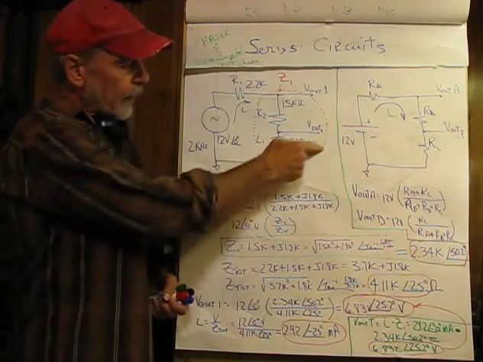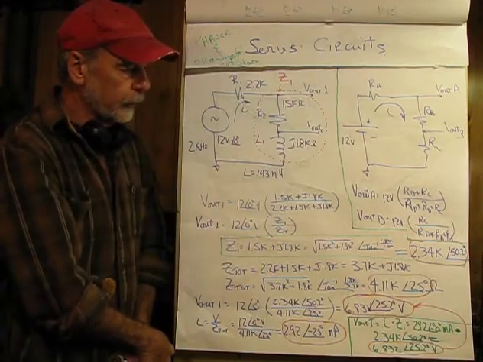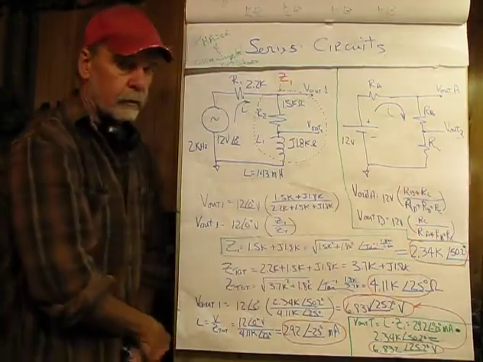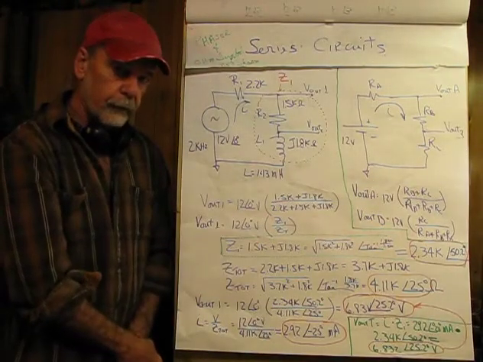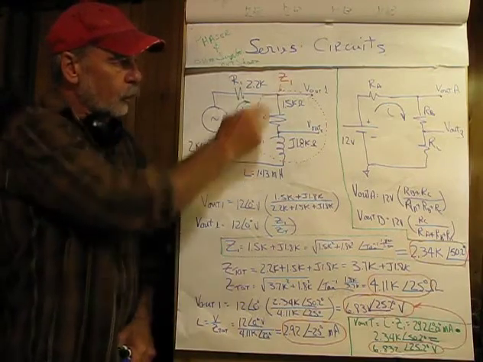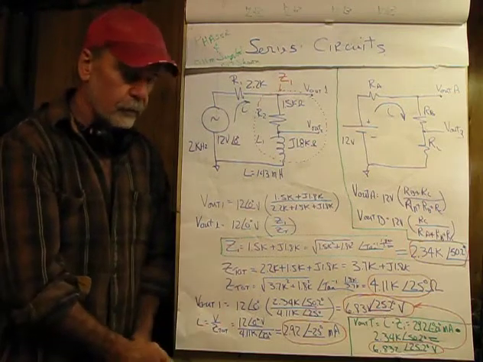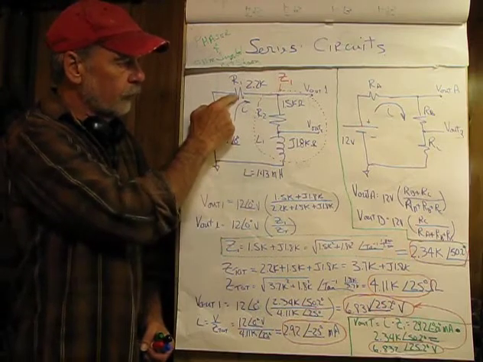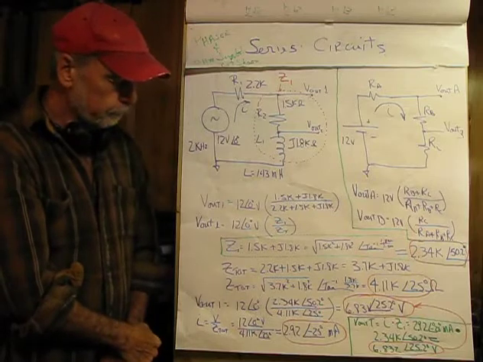If I combine these 2 components, R2 and L1, into one component, which would be the same as adding RB and RC over here, I can get it in this form, and in polar form the division is very easy. So my first step is to determine the impedance that I named Z1, nothing special about that, and the other would be Z total, which would include R1, the 2.2K.